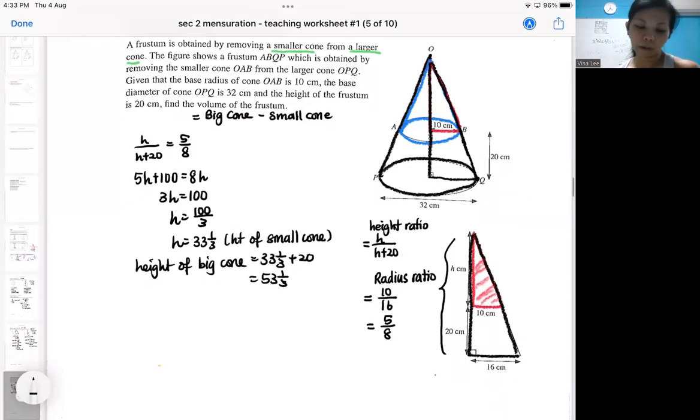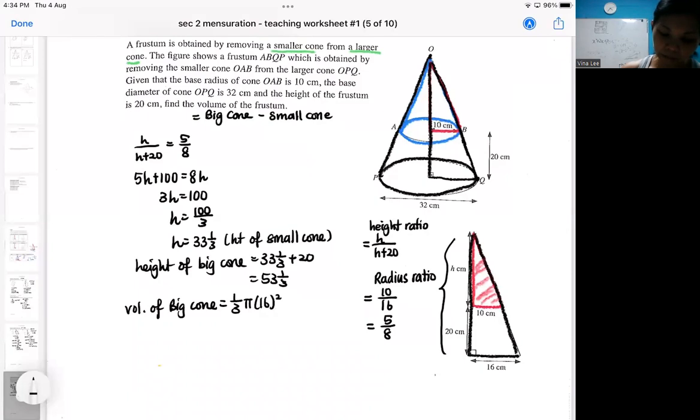So from here, you can find the volume of the big cone. The radius is the one that's bigger. So again, keep it in terms of pi.